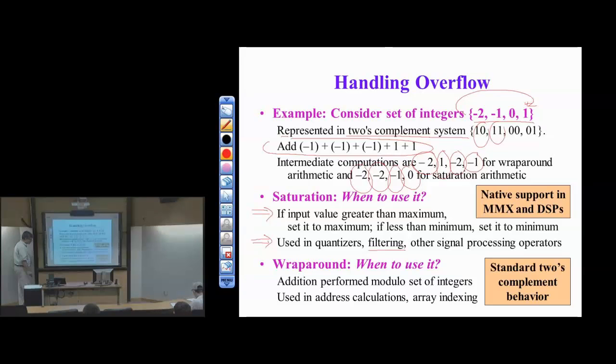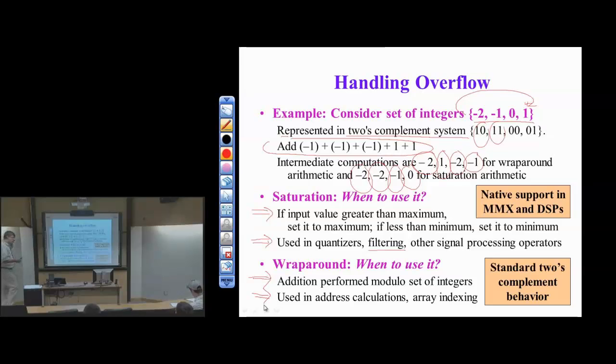Okay. So again, when do we use wraparound? Well, it's addition performed modulo a set of integers. And definitely we want to use it in calculating addresses. Given a base address and an offset, we want to use 2's complement. That's the way we want to do it.